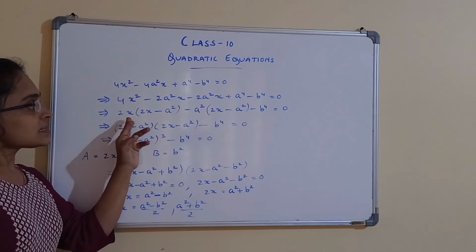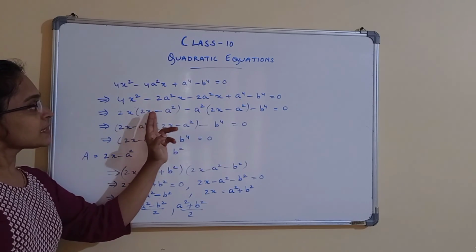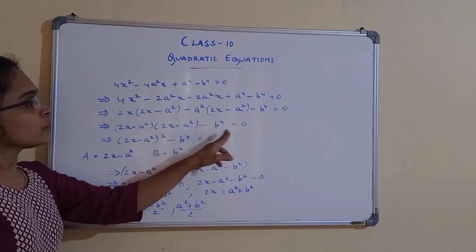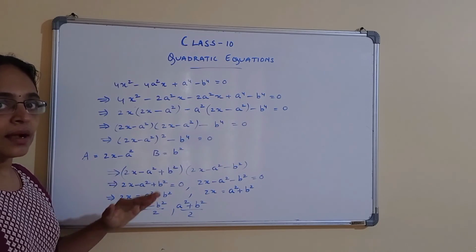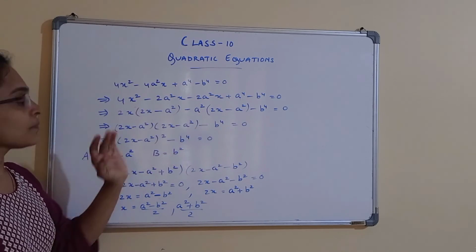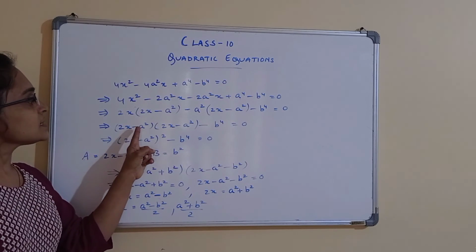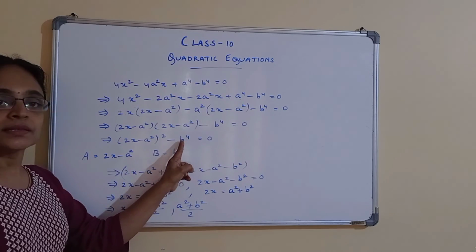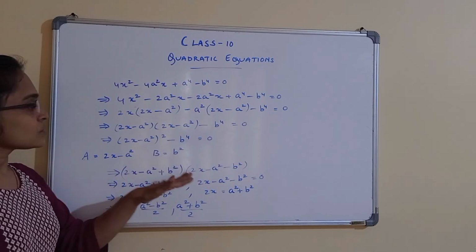So this is the same as 2x minus a square into 2x minus a square minus b raised to 4 is equal to 0. Right? Understood till here? Okay. Now, this is the same as 2x minus a square the whole square minus b raised to 4 is equal to 0.